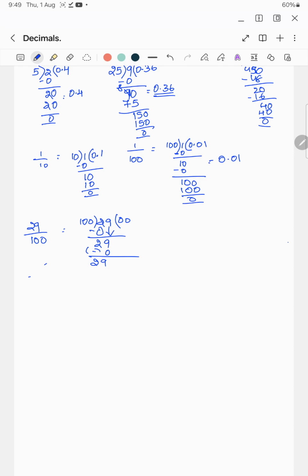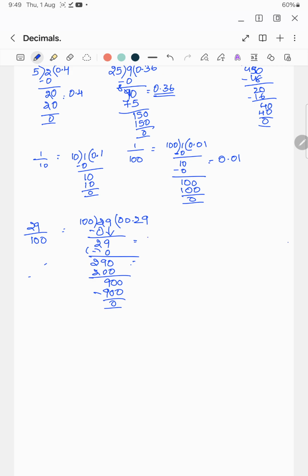Now add a decimal point here and add a 0. Okay, now 100 into 2 is equal to how much? 200. 90 is the remainder. We add a 0 and do the process. 100 into 9 is 900. This will be 900 minus 900 is equal to 0.